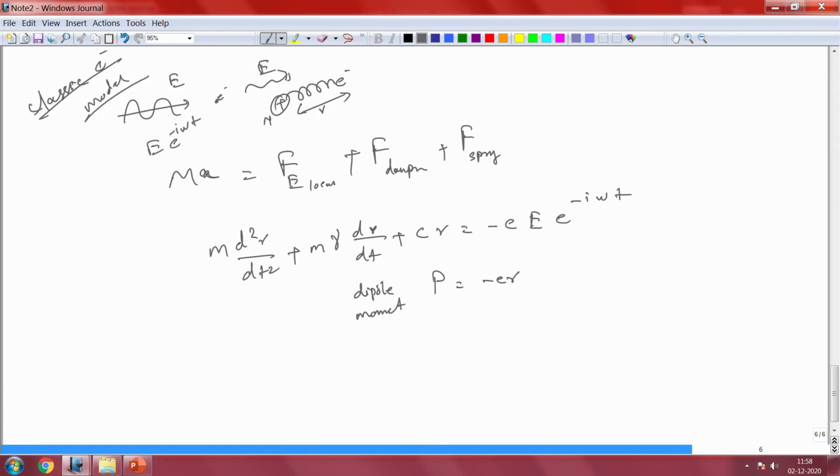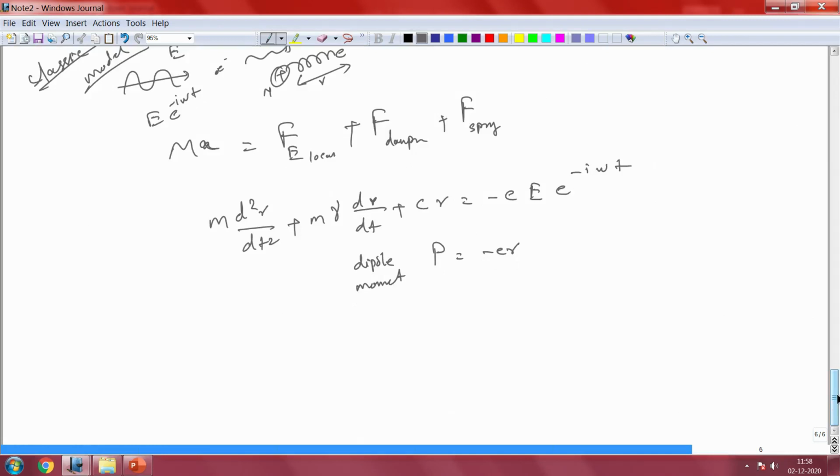So now what one could do is we can simplify this, and this is a second order differential equation solution that we all know, right, a steady state solution for this. So let's say the steady state solution for something like this would look relatively easy.